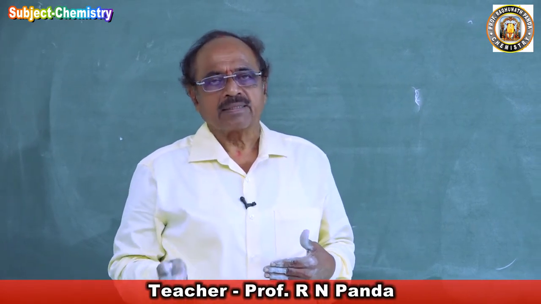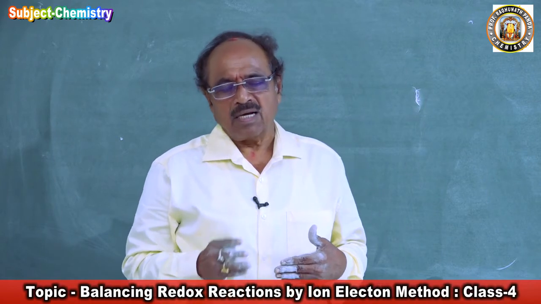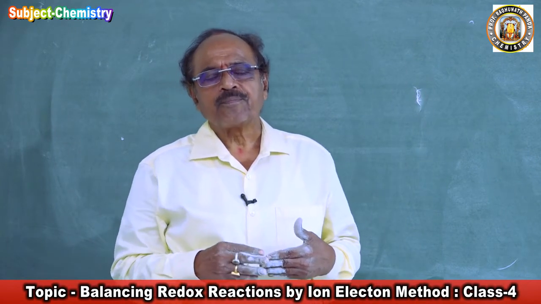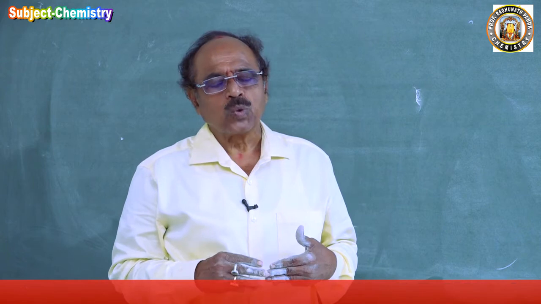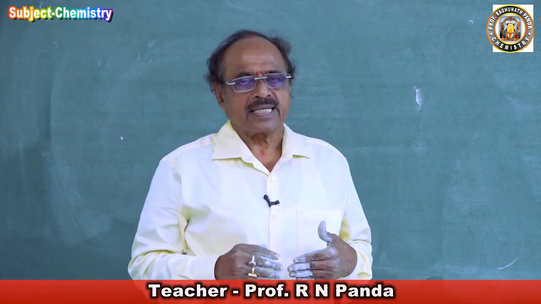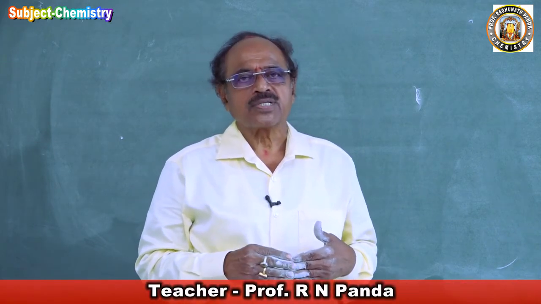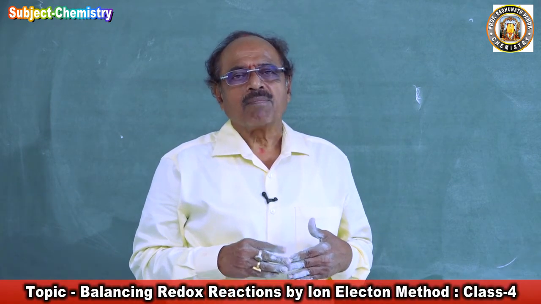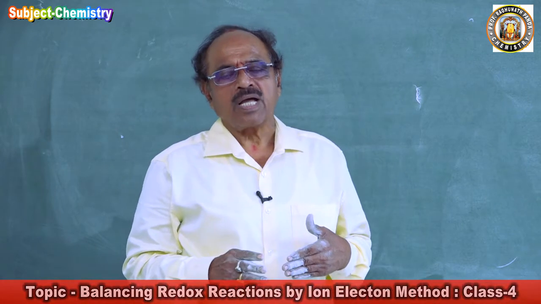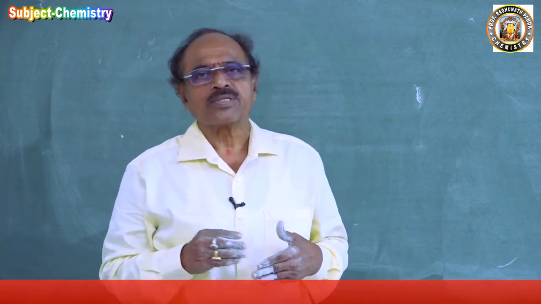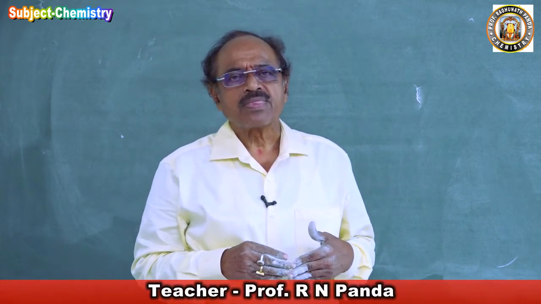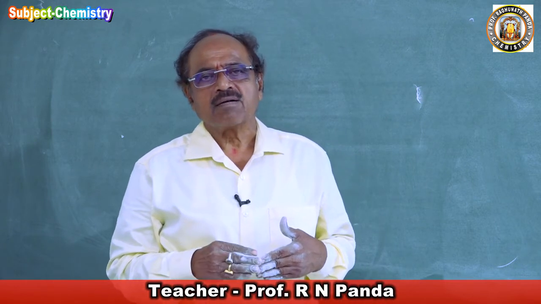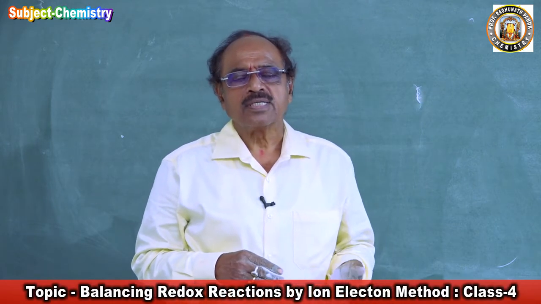Balance the atoms other than oxygen and hydrogen by multiplying with simple whole numbers. Second, balance the oxygen atoms by adding water molecules on the other side. Then balance the hydrogen atoms by adding hydrogen ions on the other side. Balance the charges by adding electrons.